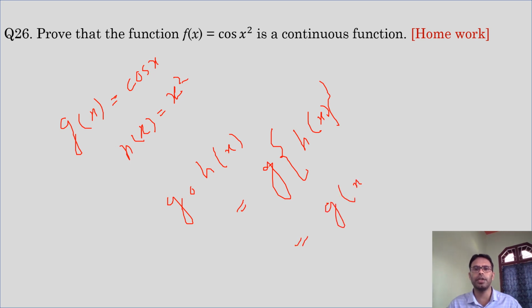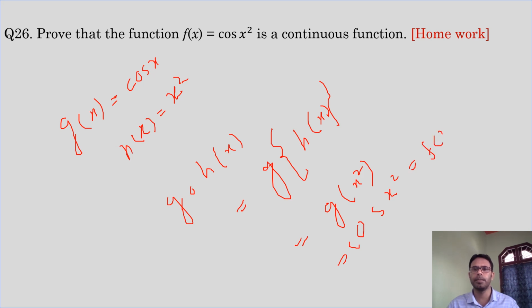Then go to the definition of the g function, cos x, g(x) is equal to cos x, so g(x square) will be cos x square, and that is actually equal to f(x). This is cos x square, and so that is equal to f(x).